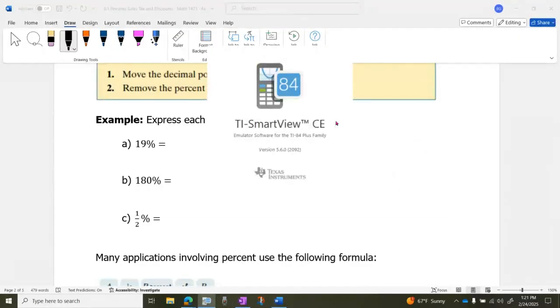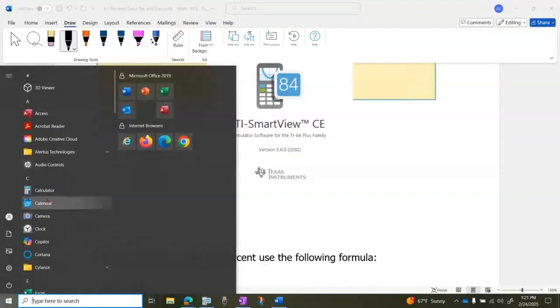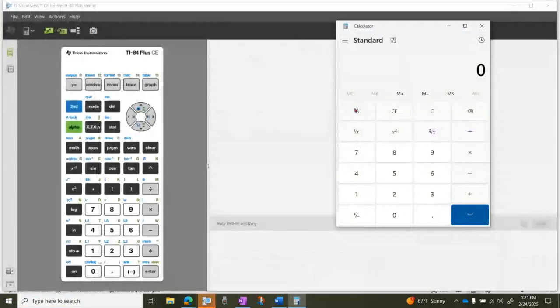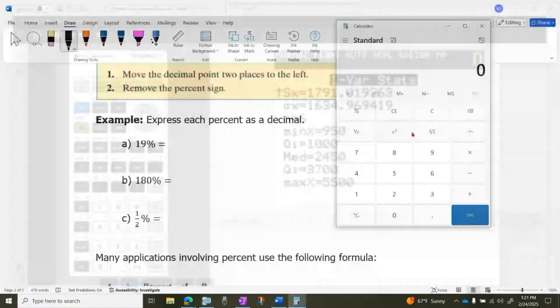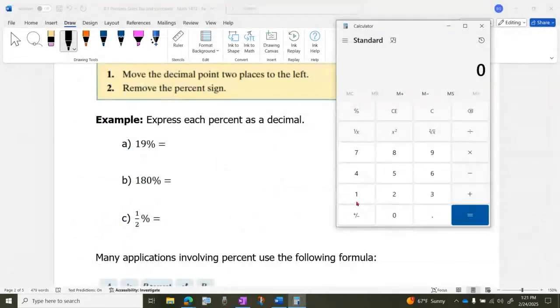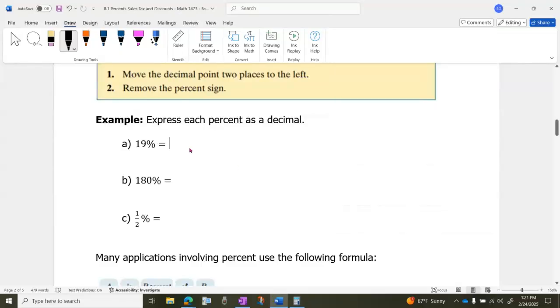You are allowed to use any calculator. The scientific calculator would be enough for this one. 19%, 19 per means divided by, cent means 100. Then the calculator tells you what it is: 0.19.